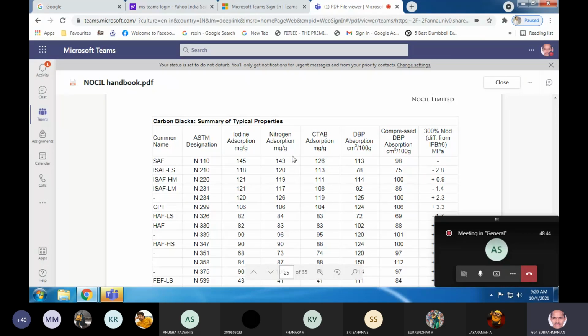This is a quaternary ammonium salt. So what does it say? It is a kind of measure of surface area. And this size being bigger compared to nitrogen. So what does it say?